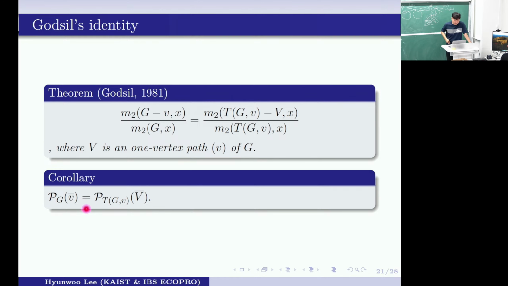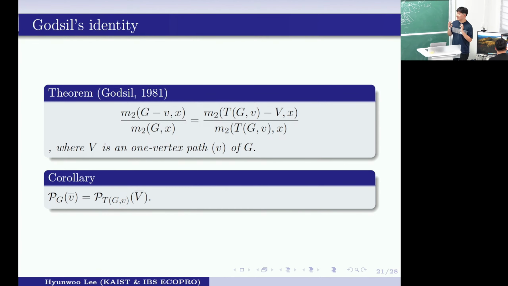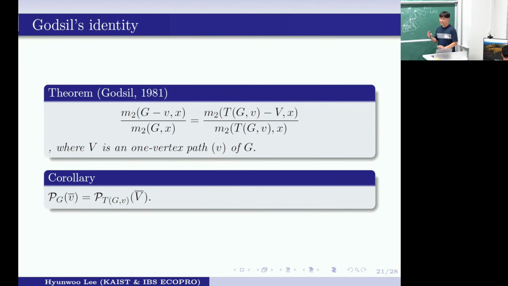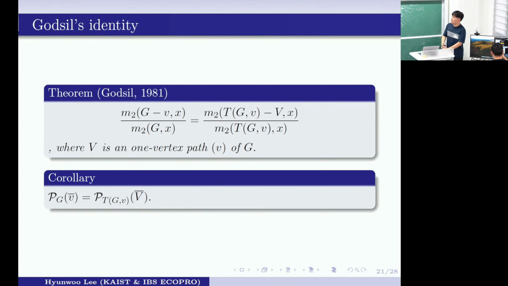In the graph case, we can compute this P_V bar as this number, where T is a path tree and this large V is the one-vertex path V of G. So to compute this probability P_G(V), we can convert the given host graph into a suitable tree, and then we can inductively estimate this value. This was the proof idea of the Kahn–Kim theorem in the graph case.